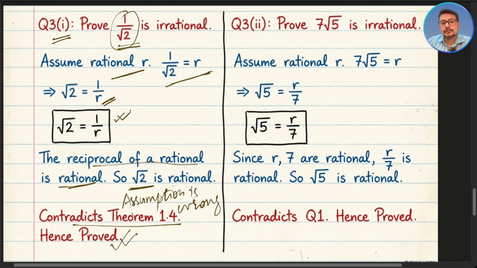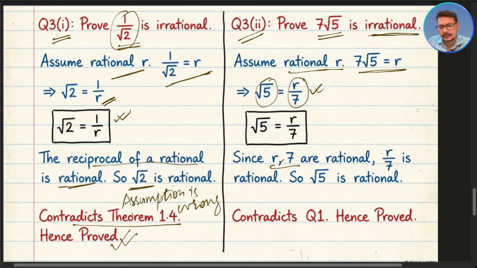Okay, moving on to the next question. Third of question 3, prove 7 root 5 is irrational. Again we'll assume a rational r, 7 root 5 is equal to r. We'll isolate the root, that means root 5 is equal to r by 7, where r and 7 both are rational numbers, therefore r by 7 also has to be rational.